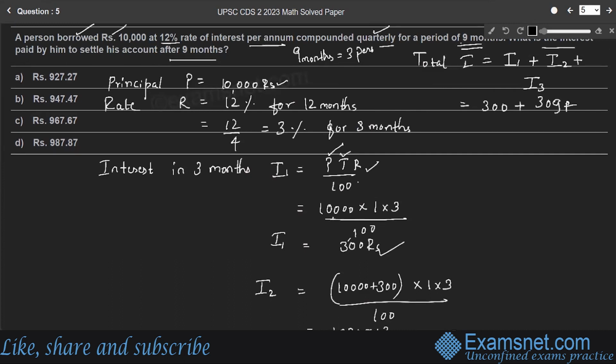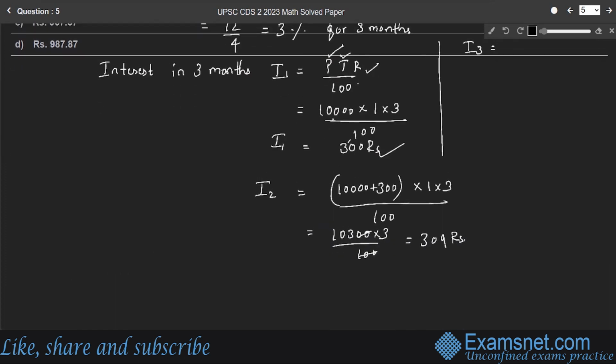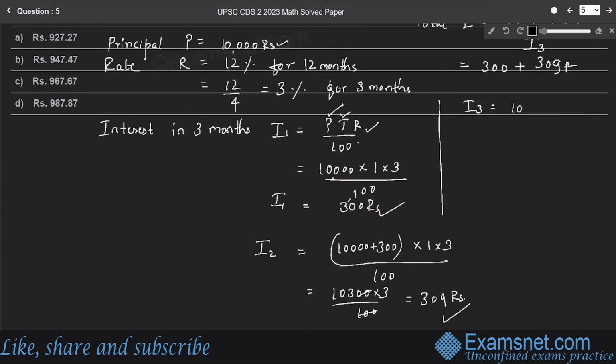Now we'll take the interest paid by him in the third quarter, I3, which is again PTR by 100. Here the principal is 10,300 plus the interest of the second quarter, 309, which is 10,609, into time period 1 for the third period, and the rate of interest is 3% by 100.